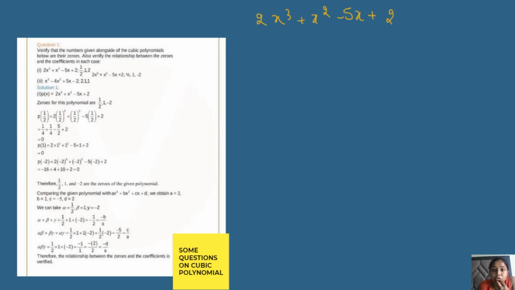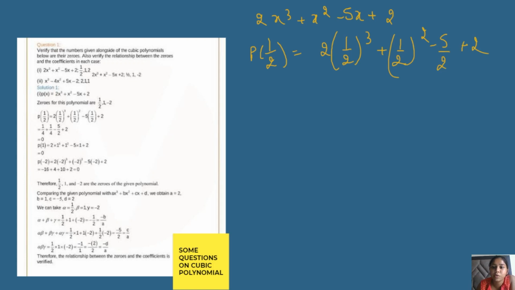So first we'll check whether 1 by 2 is a zero or not. How would you find out whether the given value is a zero or not? We just have to put the value x equals 1 by 2, and if we get 0, then only it will be a zero of the polynomial. So we are getting this.